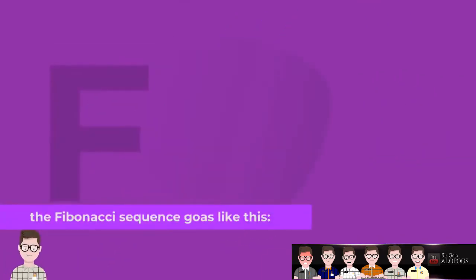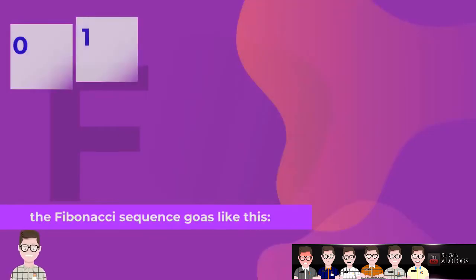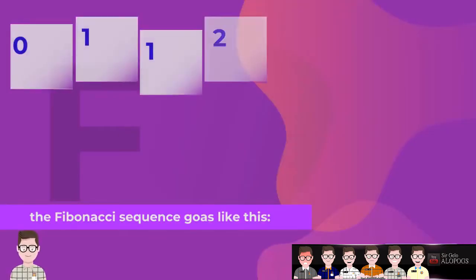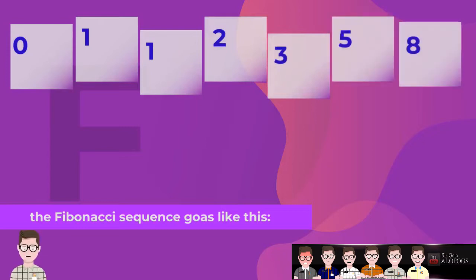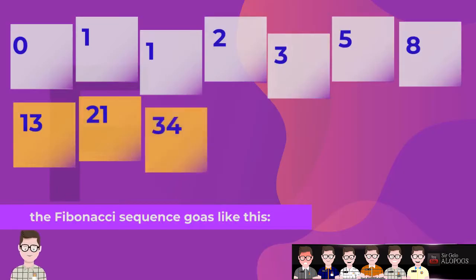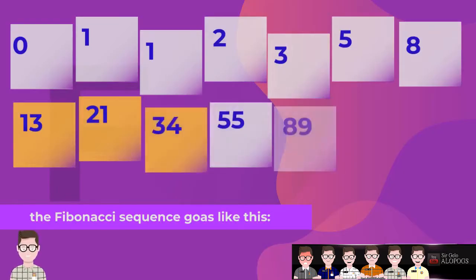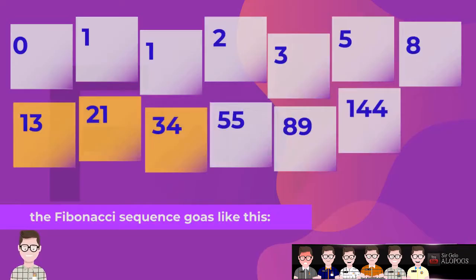The Fibonacci sequence is an infinite sequence of integers: 0, 1, 1, 2, 3, 5, 8, 13, 21, 34, 55, 89, 144, 233, and so on, in which the first two terms are 0 and 1.